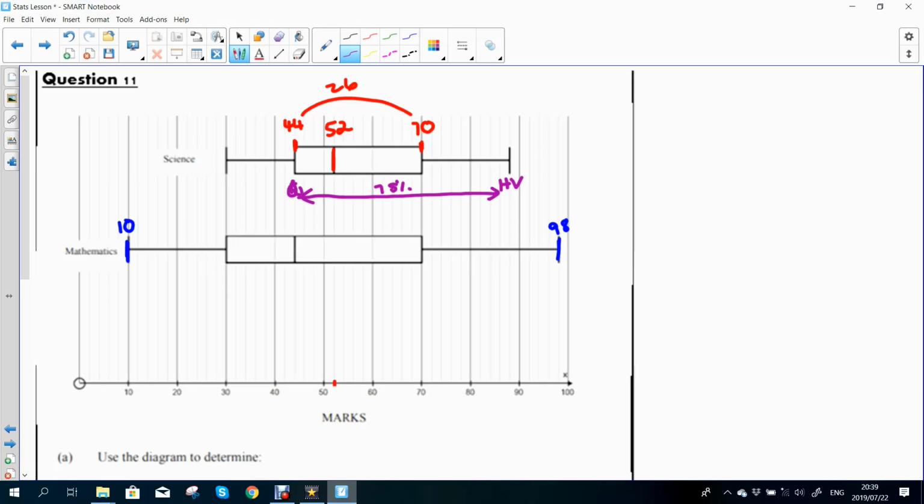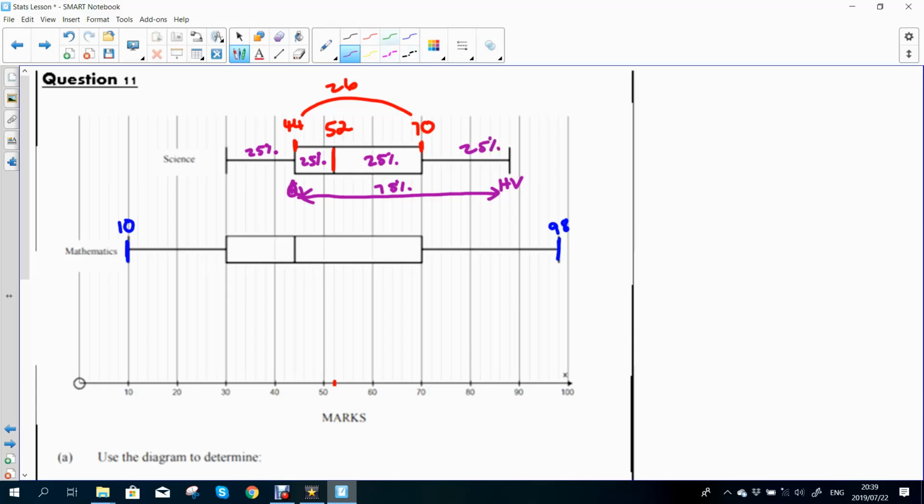Remember that a box and whisker is always divided into 25% percentiles, if you want. So this whisker is 25%. This little box here is 25% of the data. Then that box is 25% of the data. And that box, or that tail, is 25% of the data.